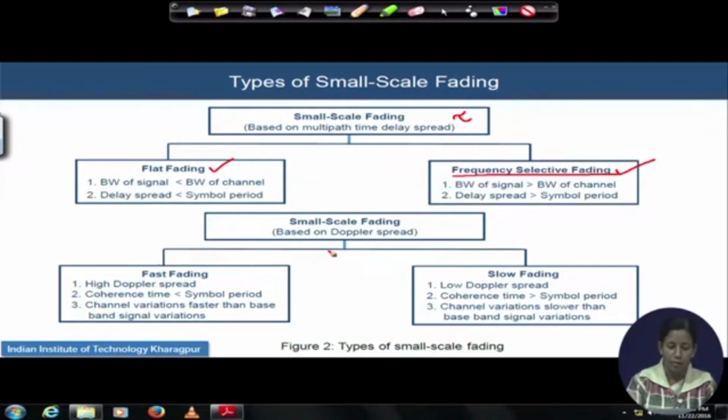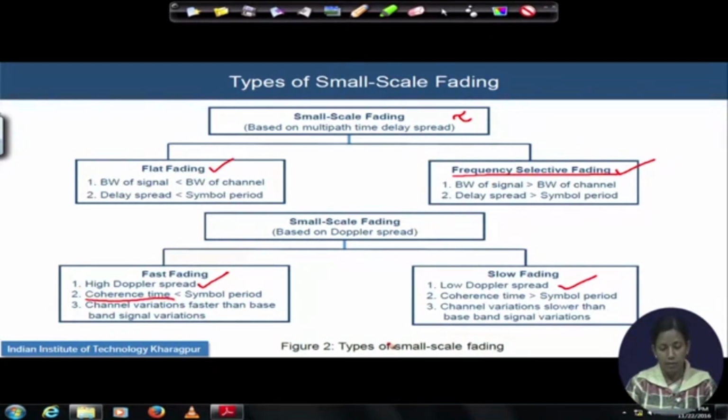That brings two different kinds of fading in the received signal. One is fast fading, another is slow fading. Fast fading is related to a very high Doppler spread, and slow fading to a low Doppler spread. To understand what is fast fading and what is slow fading, we have to understand something called the coherence time. What is this? We will come to it in detail.